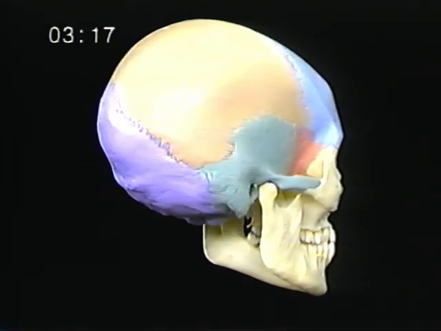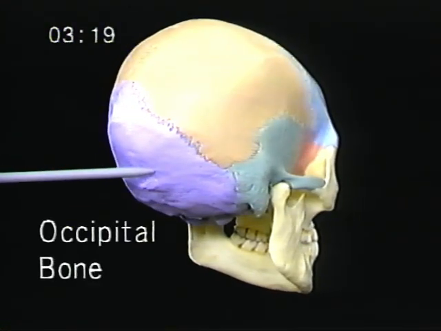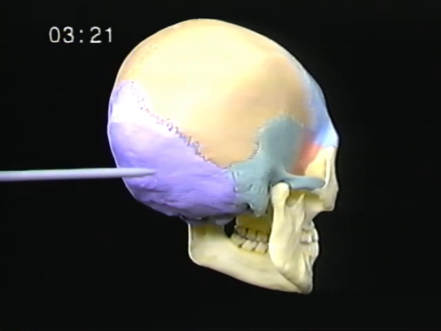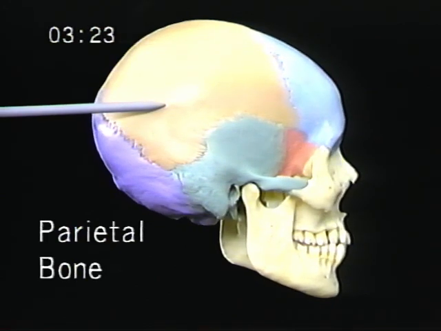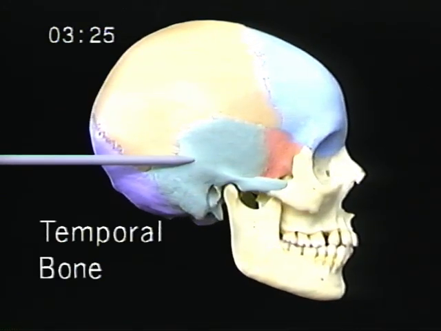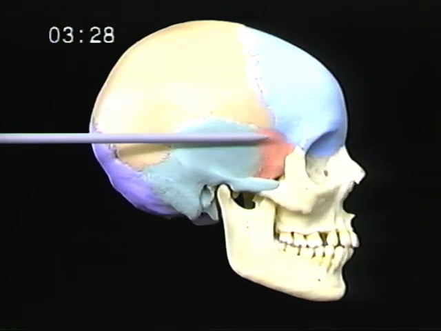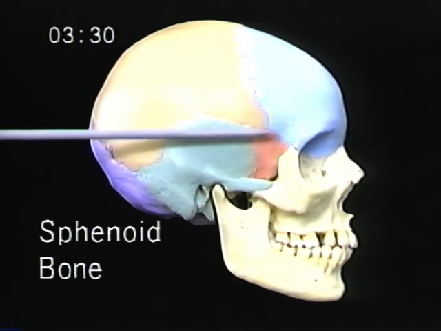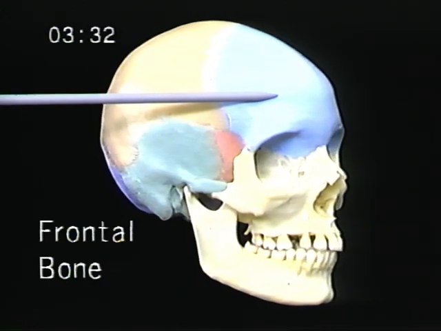The principal bones that form the cranium are the occipital bone behind and below, the parietal bone, and temporal bone on each side, the sphenoid bone, and the frontal bone.